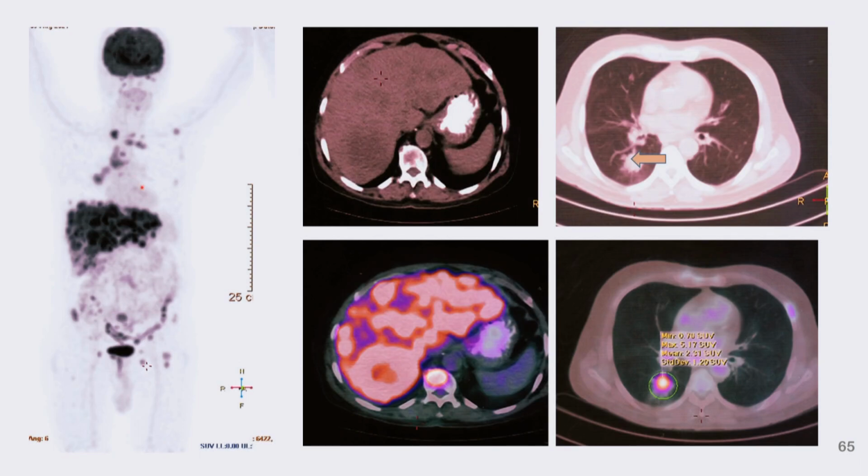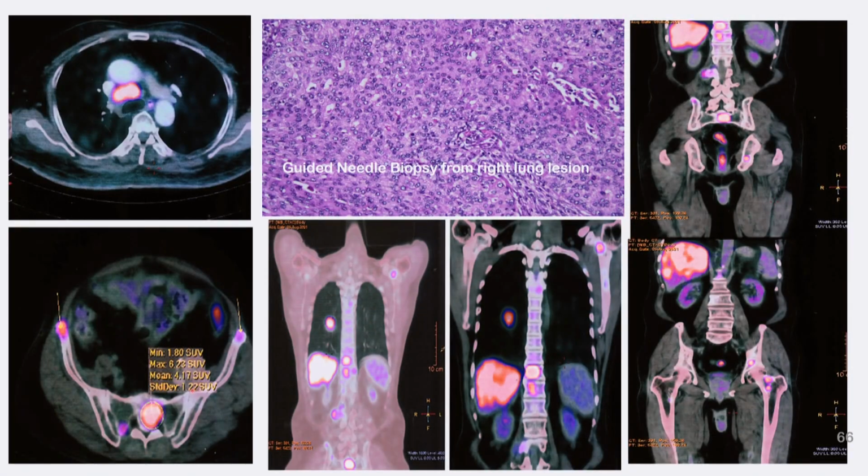PET-CT can detect the primary tumor in the right lung, and the baseline PET-CT also reveals extensive hepatic metastasis and other skeletal and nodal metastasis sites. So PET can detect the extent of the disease more accurately than conventional imaging. And the right lung lesion is histologically proven as the primary malignant lesion in this patient.